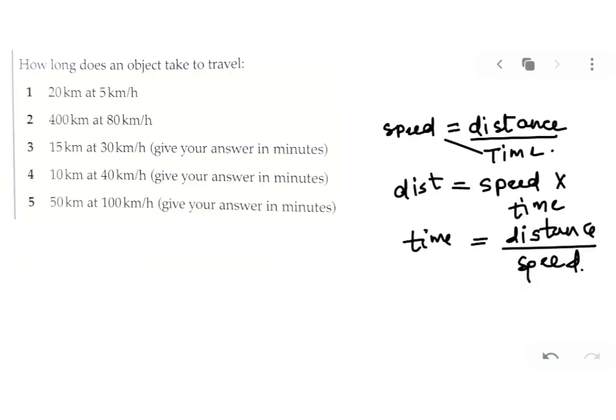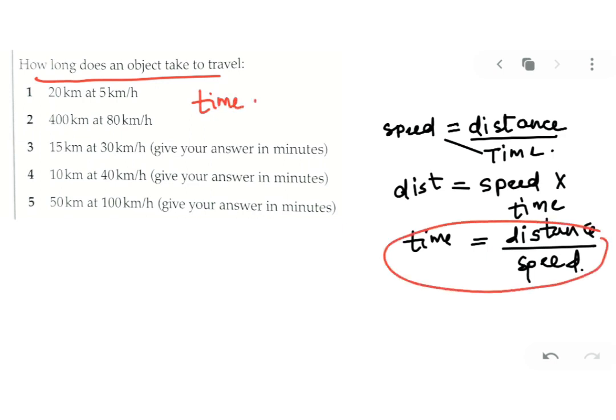Yes. Your next is how long does an object take to travel? How long? That means you have to find the time. And time formula, as I have given you here, is distance upon speed. Shall we start problem number 1? Time is distance upon speed.